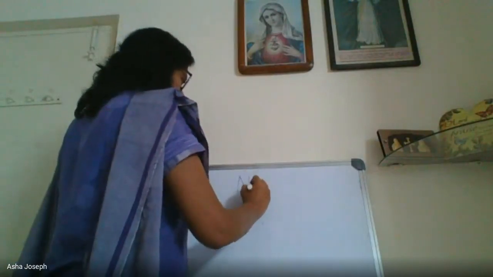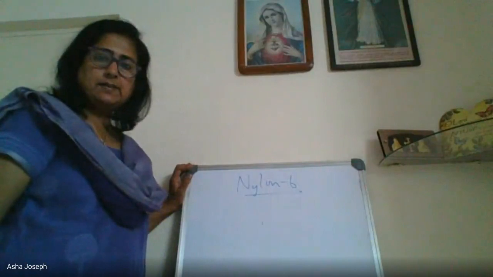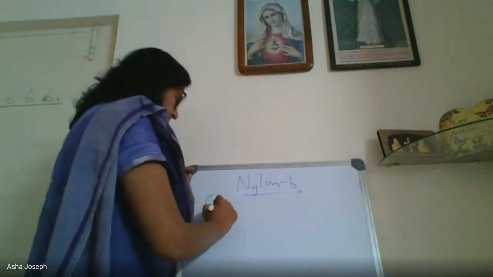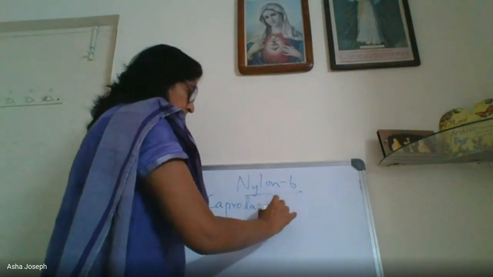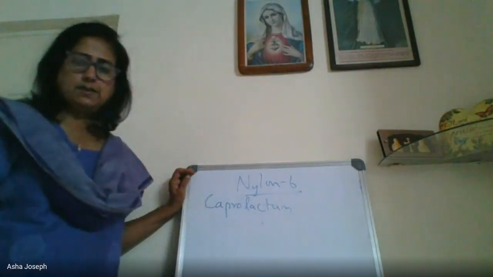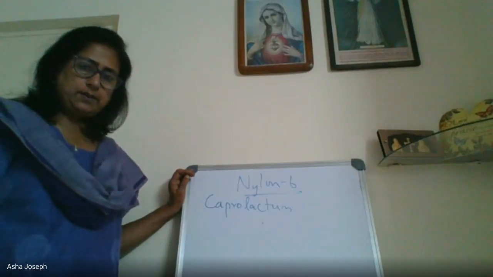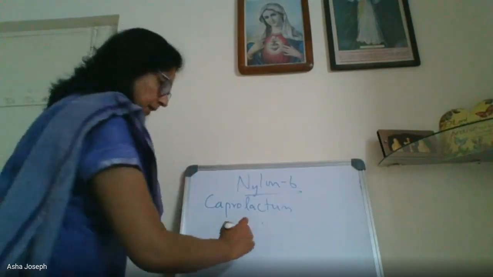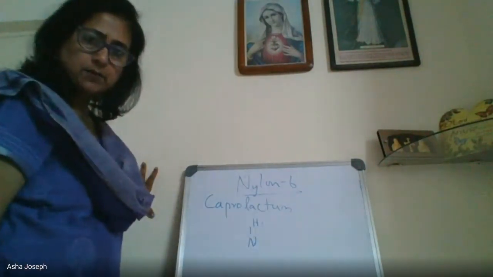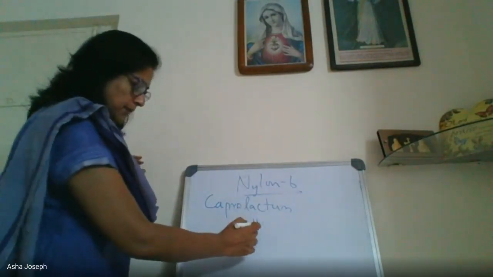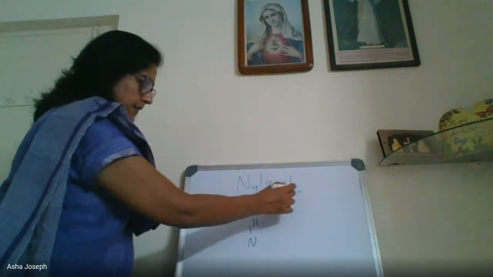Nylon 6. The monomer is caprolactam. You have not heard about this, so first listen carefully and I will give you time. You can write the equation. Now caprolactam I am drawing. You see, it is a polyamide. NHCO bond will be there. So first we will put an NH, and there are six carbon atoms.